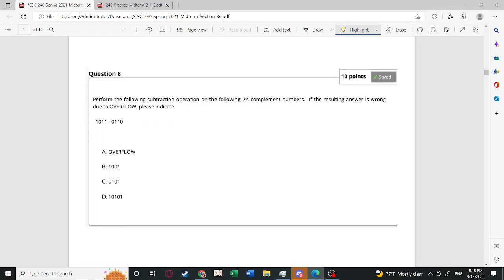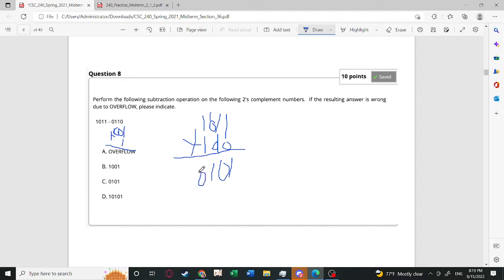If the result is wrong due to overflow, please indicate. So here is the answer.